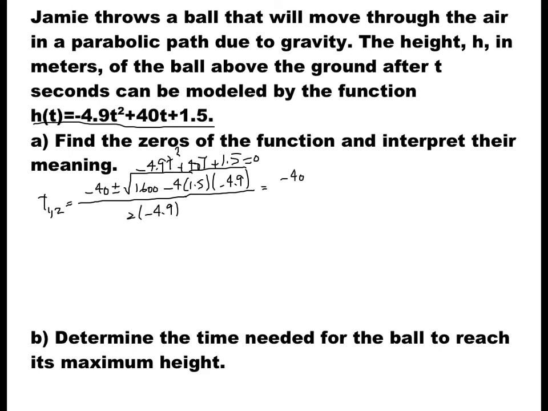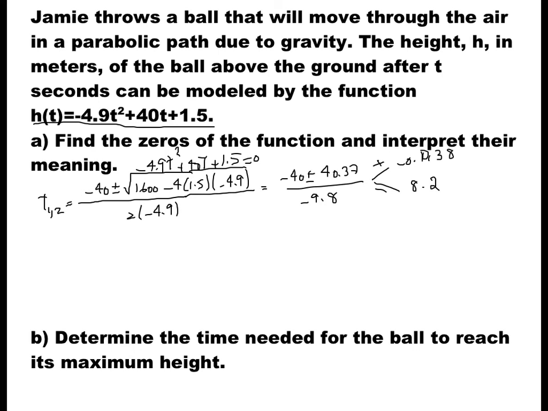If you use your calculator and simplify the square root, you get about 40.37 divided by negative 9.8. There are two roots if we take the positive and negative. If you take the addition, we get negative 0.038, and if we take the negative, we get 8.2.